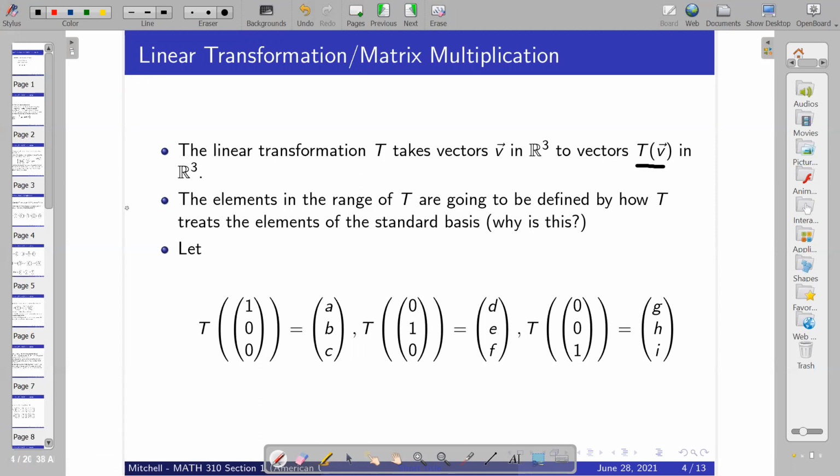The second point, the elements in the range of T are going to be defined by how T treats the elements of the standard basis. So I mean by that something specific.